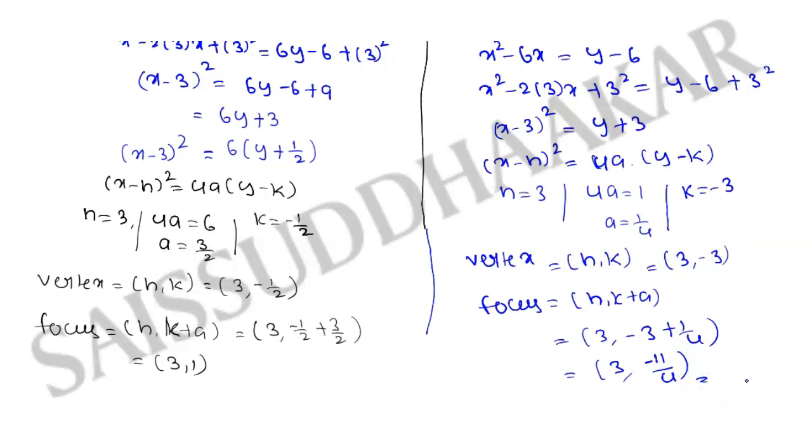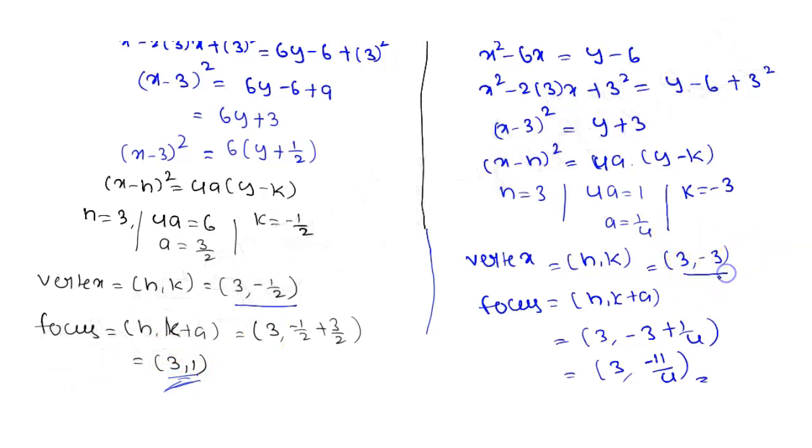If it is modified according to the textbook, I am getting 3 comma 1 as the focus and 3 comma minus 1 by 2 as the vertex. If you do not modify it, we get 3 comma minus 3 as the vertex, and the focus is 3 comma minus 11 by 4.